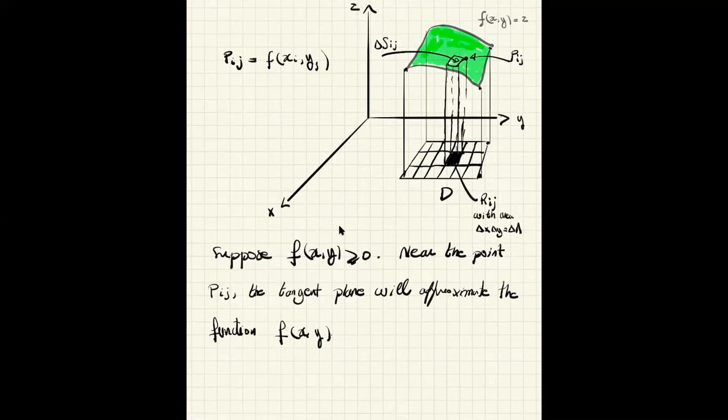This is exactly similar to when you have a function and a tangent line around a point. If you are really, really close to the point, they are the same. The line and the curve will be the same.